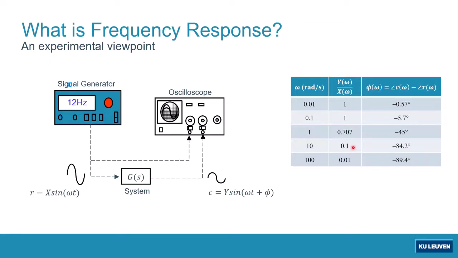This column will tell us the magnitude of G(jω), and this column will tell us the angle of G(jω). So again, the frequency response function is represented by the magnitude of G(jω) and the angle of G(jω).